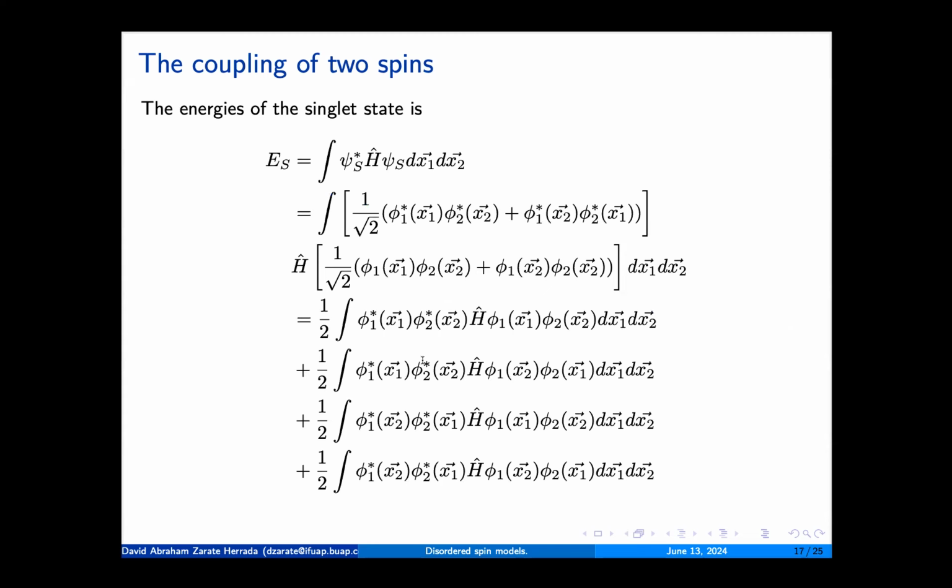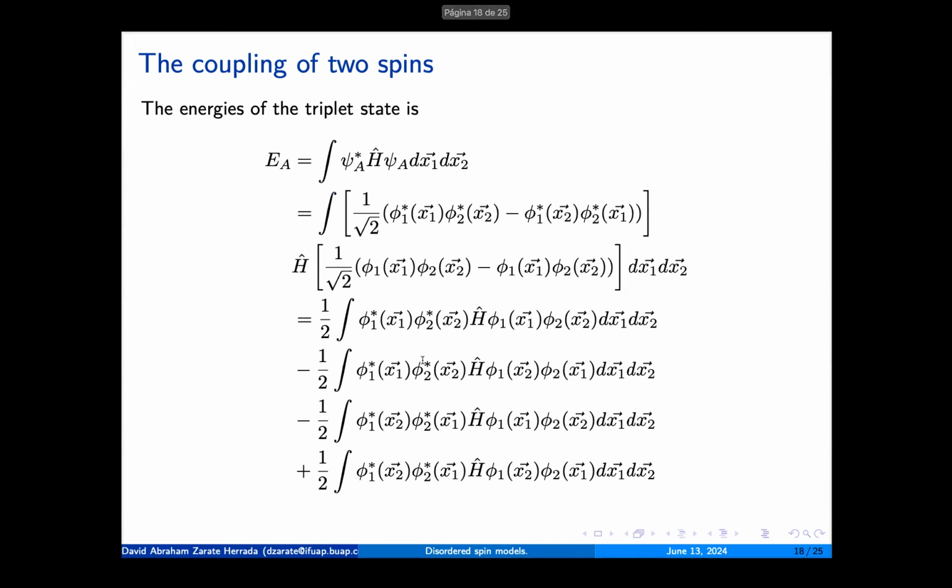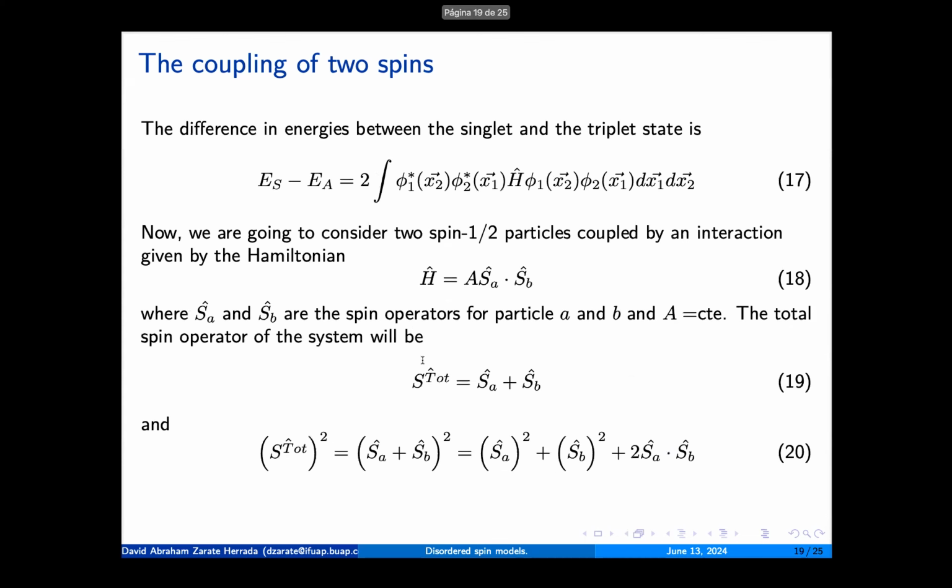The energy for the symmetric case looks like this, and the energy for the antisymmetric case looks like this. The difference between both energies looks like this.